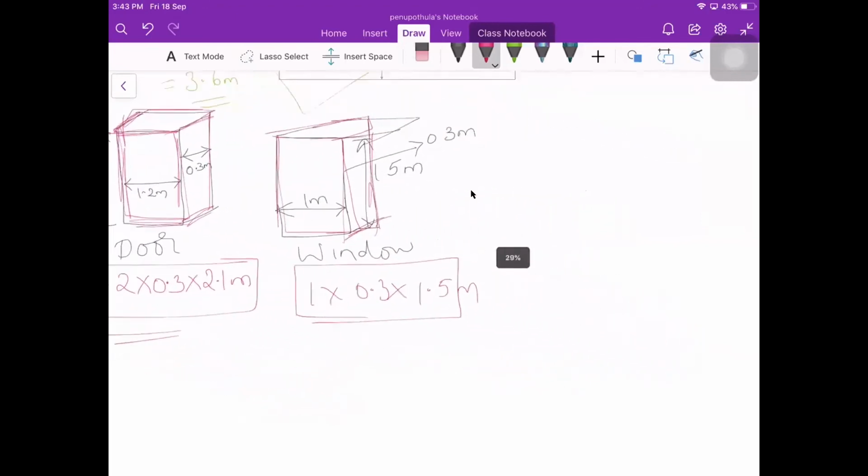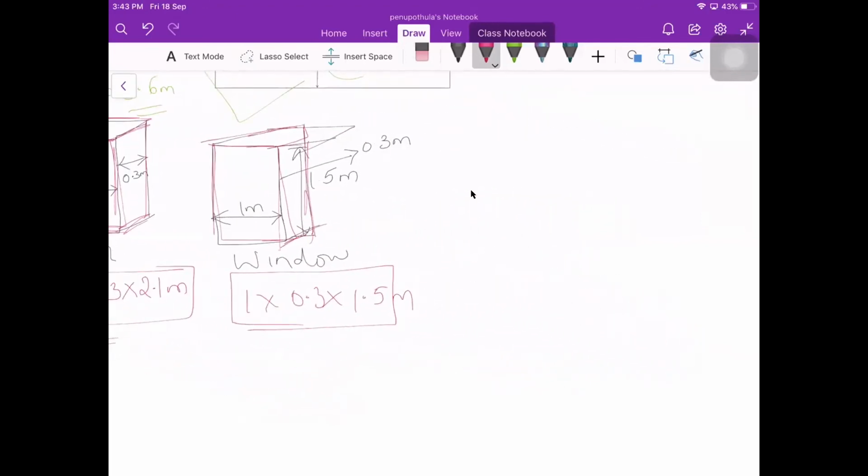Along with that, there is a lintel on top of this. The lintel will generally be provided on top of this. If you consider this as a three-dimensional figure, on top of this there is an additional projection of 10 centimeters.